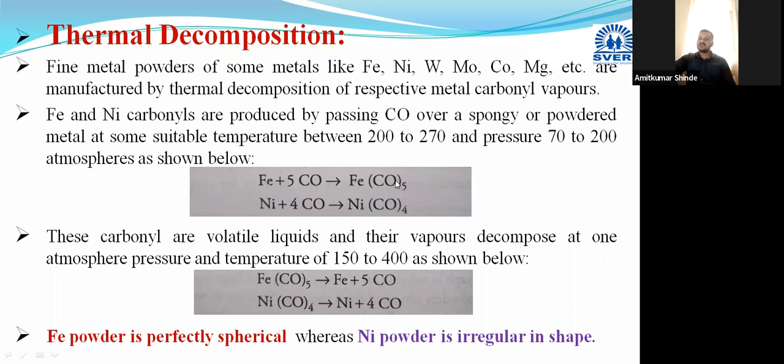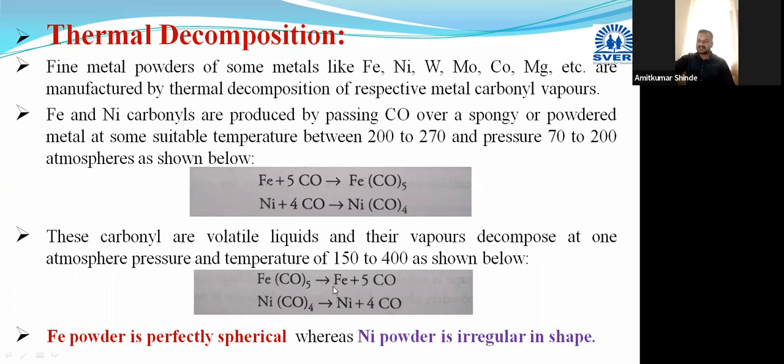Now this iron carbonyl is a volatile liquid. And now we are going to convert it into vapor form, and it is decomposed at 1 atmospheric pressure and 150 to 400 degrees Celsius temperature. These are the reaction conditions. This iron carbonyl will decompose at 150 to 400 degrees Celsius and 1 atmospheric pressure, and the iron particles are separated here.